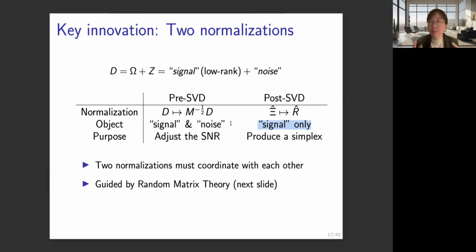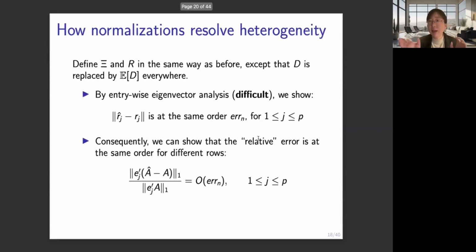The other challenge I posted before is that there is a severe heterogeneity in the data. Both my pre-SVD and post-SVD normalizations try to resolve this data heterogeneity, and I must consider their combined effects. So I have to design them carefully so that they coordinate with each other. And I cannot explain this in a few words.